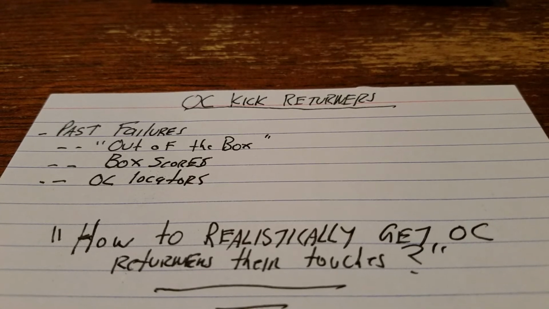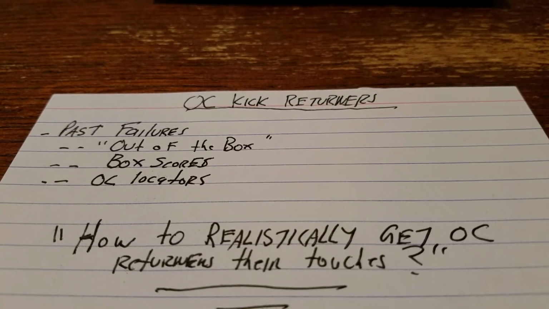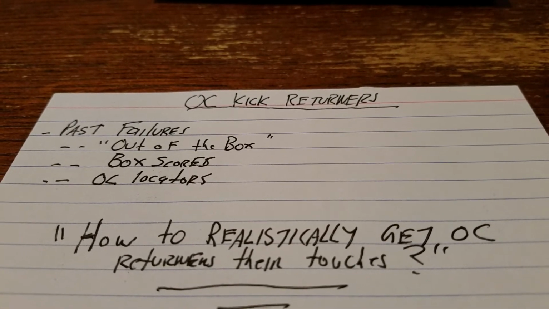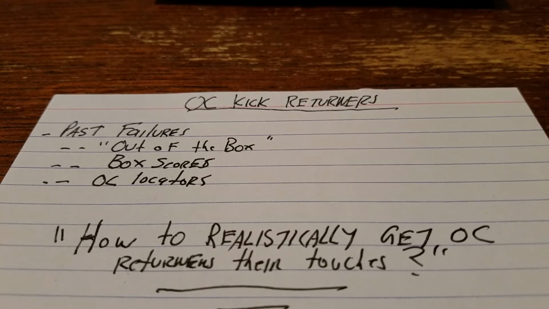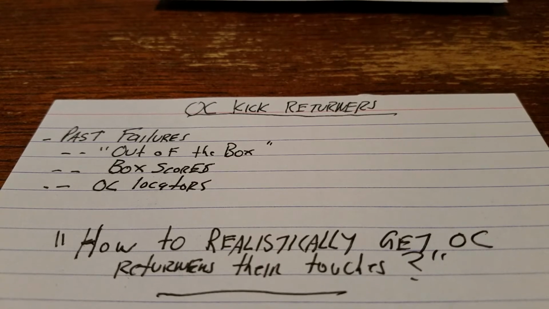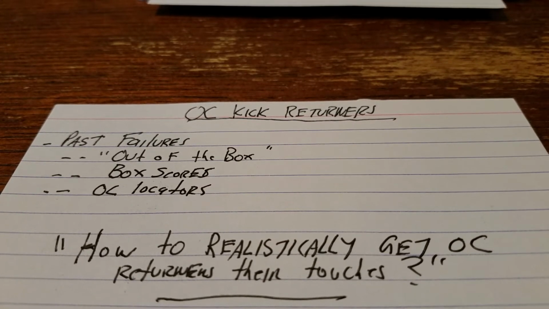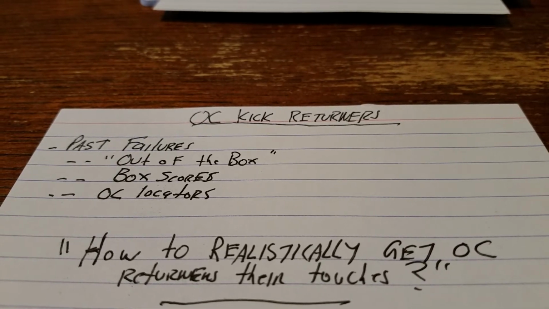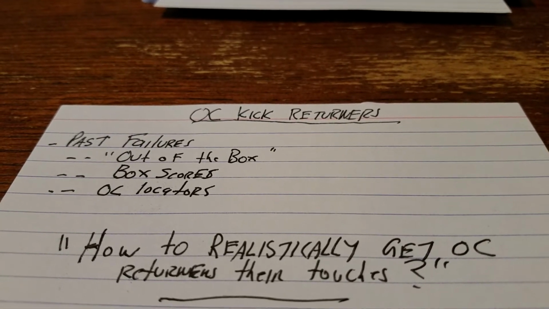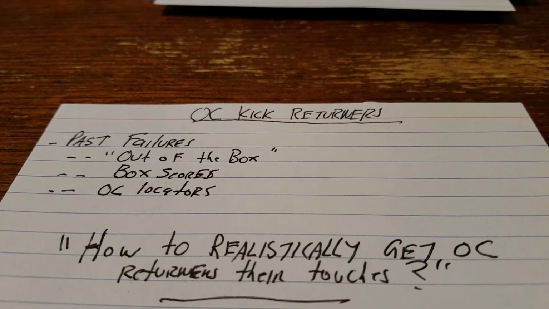I typed into the dice range calculator the amount of returns that they had for that season, and of course that generated a dice roll. So whenever I had anything like that, boom, I would refer to my OC locators, roll the die, and see who returned it. Did it work?